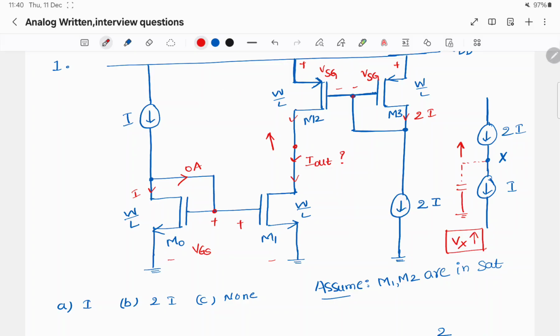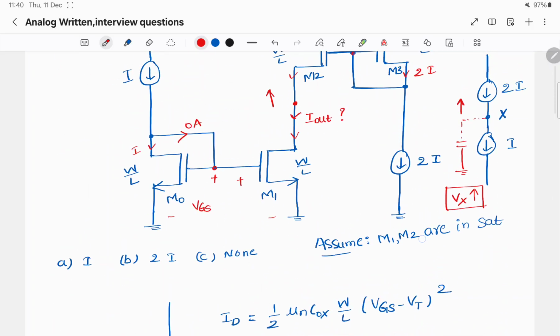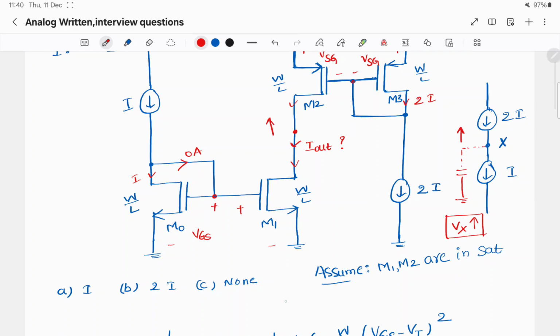But here this node potential is going up, so M2 transistor will go to triode region.